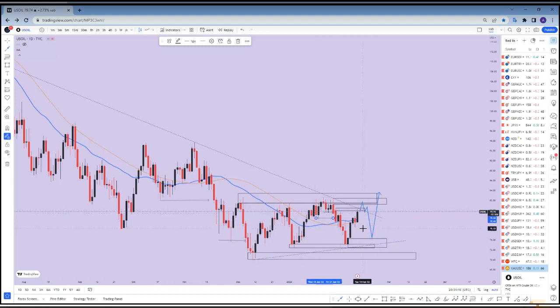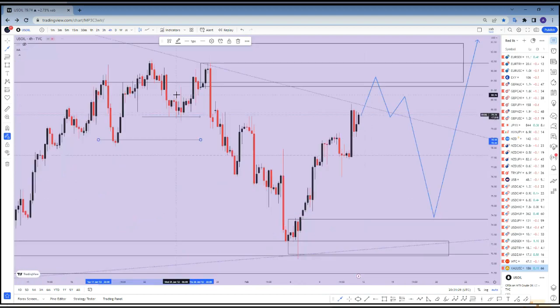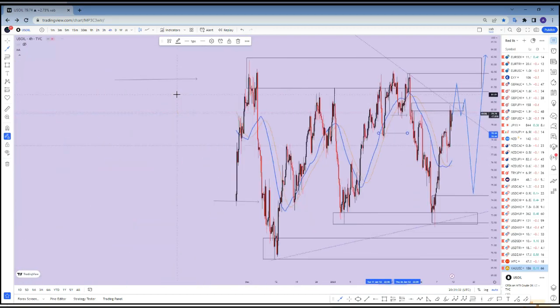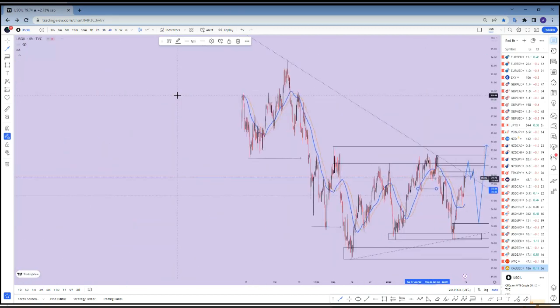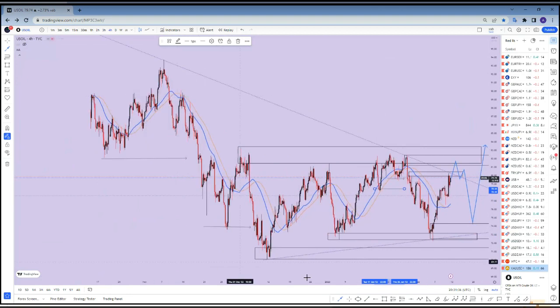So I'm naturally expecting price to retest this supply zone so that we can come to the other block that gave us this break of structure, which is most likely going to be somewhere up there. All right, I don't want to give too far away a forecast into the future, but let me just have this marked.